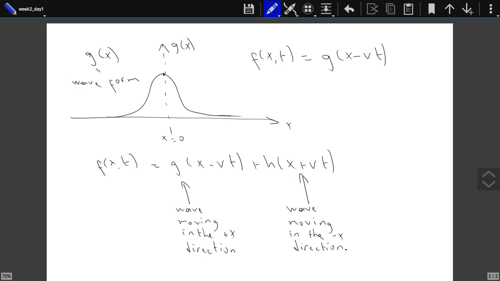Now, the concept of linear is quite a general concept. If you have any two things that describe some system, and the sum also describes the same system, whether it might be a mathematical system, a physical system, whatever kind of system you can imagine, then that system is called linear.